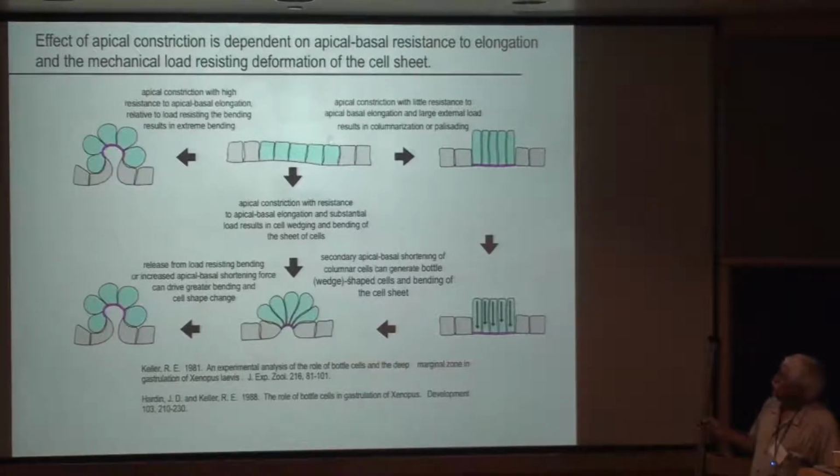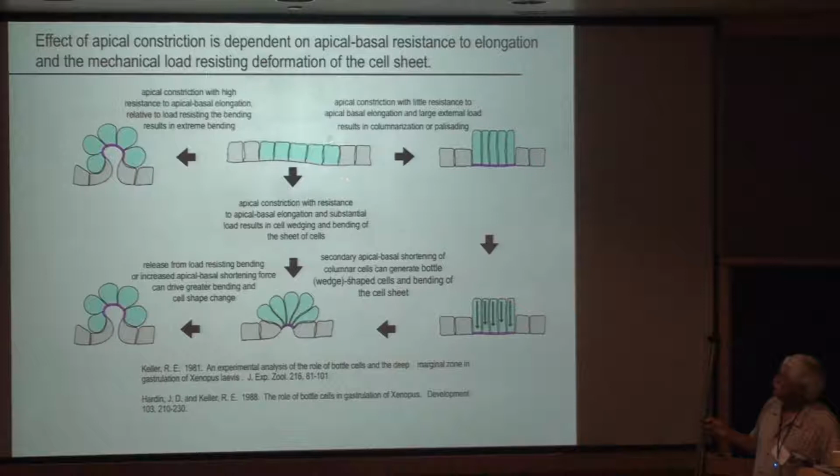This, years ago when we looked at this, and other types of apical constrictions, basically if these apices constrict and there's no resistance to apical basal elongation, you get a palisading. And you very often get that before you get the wedging and bending. And then, so there's two ways it can happen.